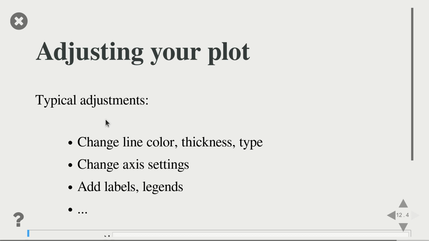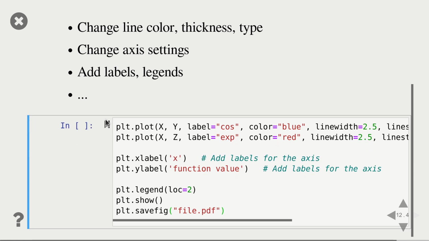Typical adjustments are changing the line color, the thickness of the lines, the type, and maybe adding some additional labels to the plot. There are options you can use to do that.